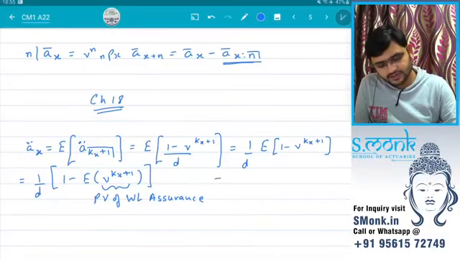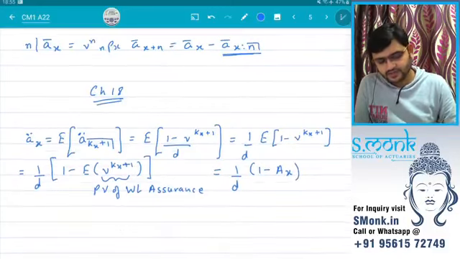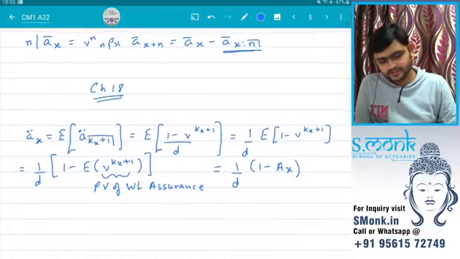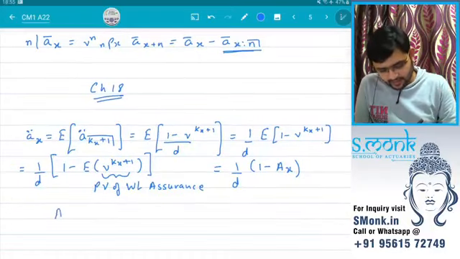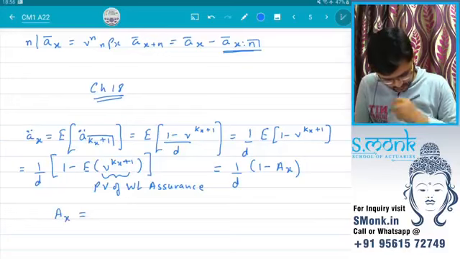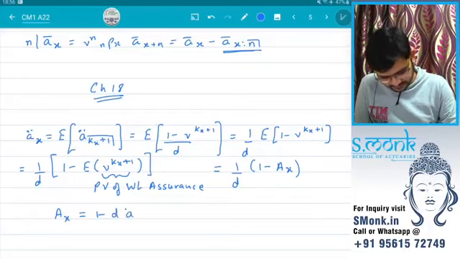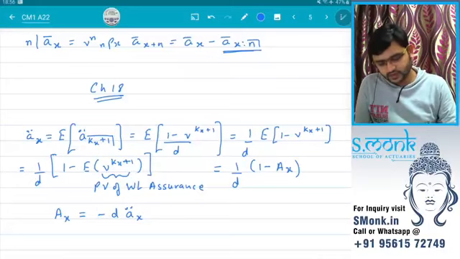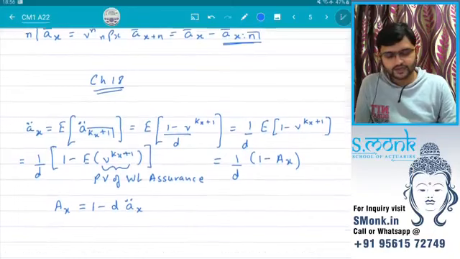This gives me 1 by d times 1 minus capital A x. So we can relate a due x and capital A x. Rather, we write capital A x must be 1 minus d times a due x.